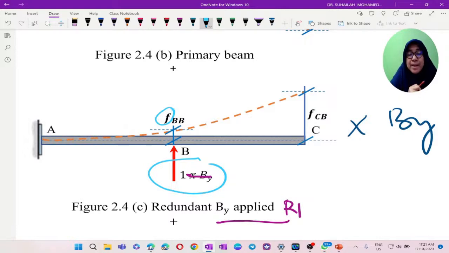It is the displacement at position B for redundant BY applied.